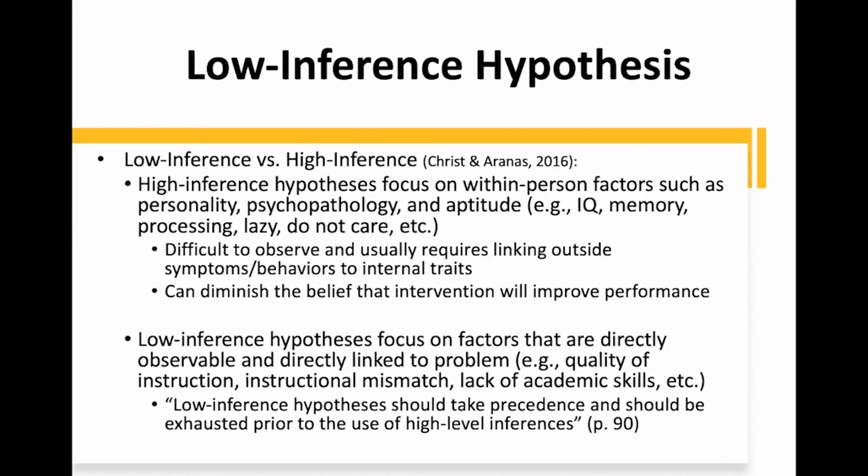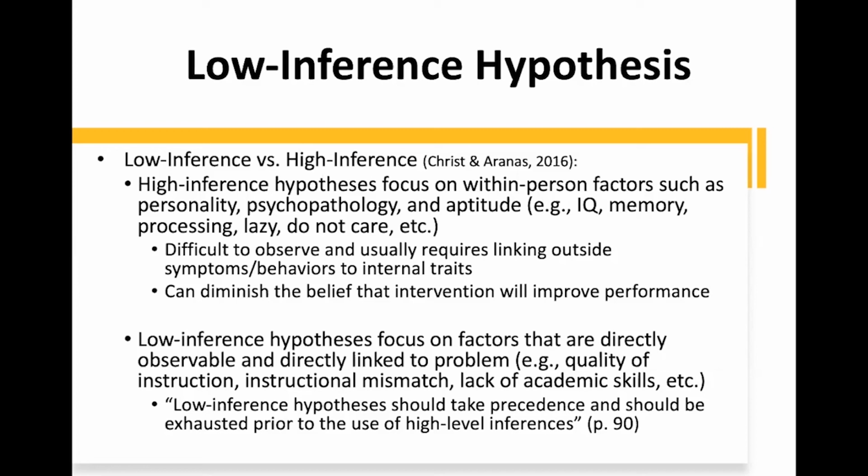If I have a student who's struggling in reading, where's the first place I need to go? I need to look at reading instruction and curriculum. That's where I start. I don't leapfrog over that and say, well, I know Johnny's mom was having some difficulties. How do we jump all the way over the curriculum and instruction? Or, does the student have the requisite skills to comprehend on grade level? Why would we jump over that?